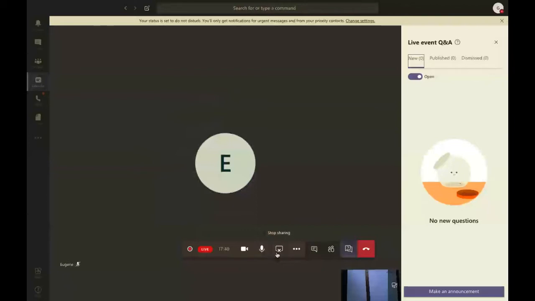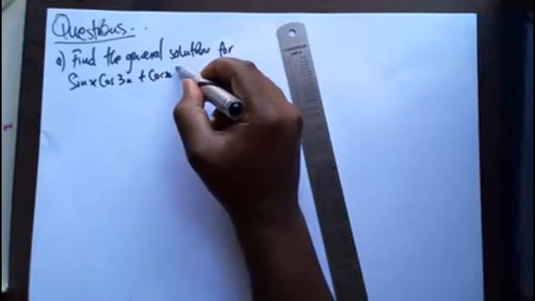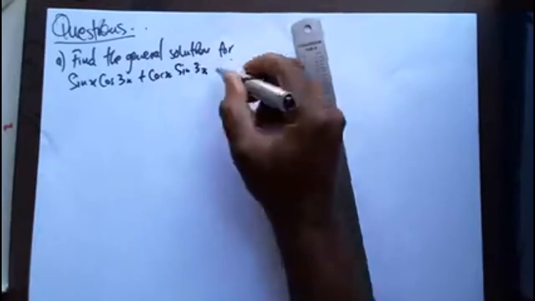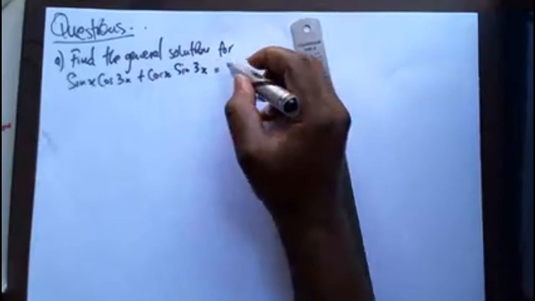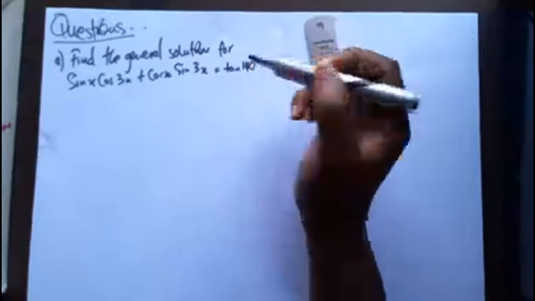It says find the general solution for sine x cos 3x plus cos x sine 3x is equal to tan 140 degrees.